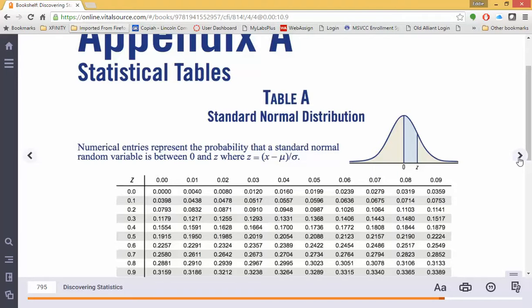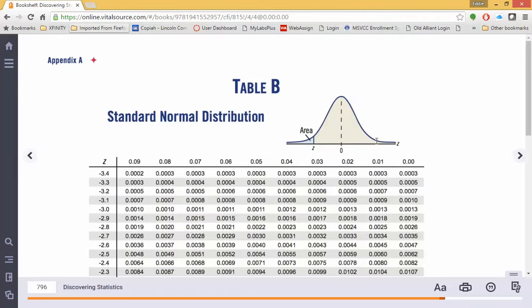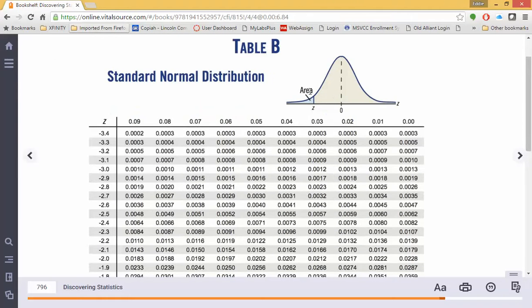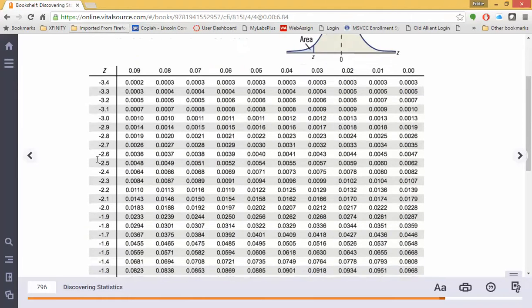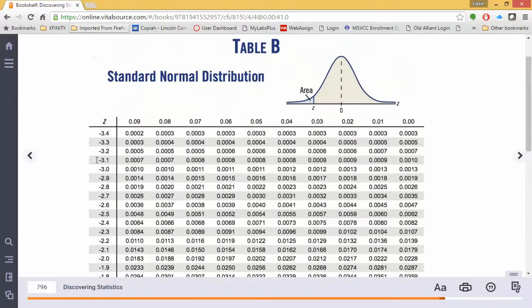It does the same thing. Table B has negative z-scores, which you would have to use, without using symmetry, you're going to have to use a table that has negative z-scores.